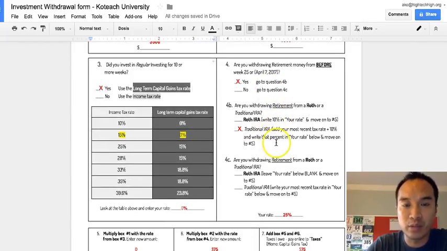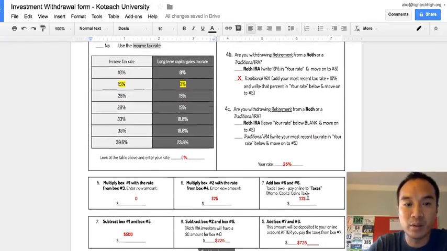You're just double checking, okay, yes. They went to question 4B. 4B says here, traditional IRA, so they're going to add their most recent tax rate, which is right here, 15%, and add 10%. So 15% plus 10%, that's where we got this 25%.